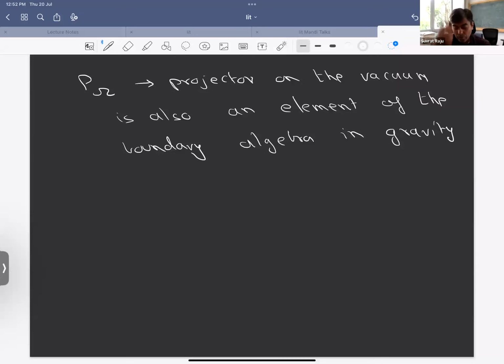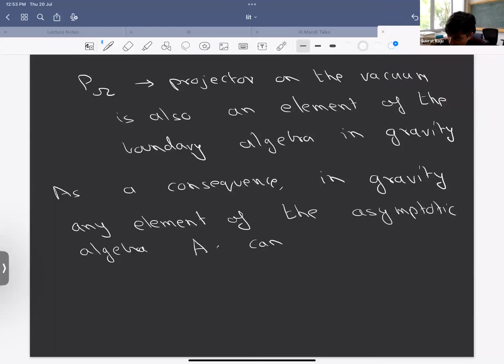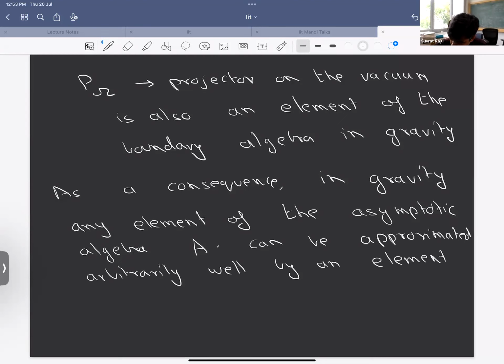Okay. So now I want to say, as a consequence of this, in gravity, any element of the asymptotic algebra A, which was this algebra I defined at the beginning, can be approximated arbitrarily well by an element of A epsilon, which was this algebra that I had in the small band.